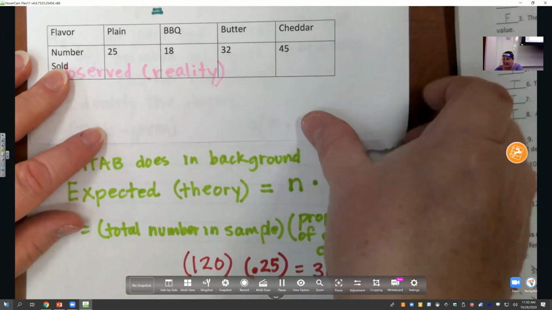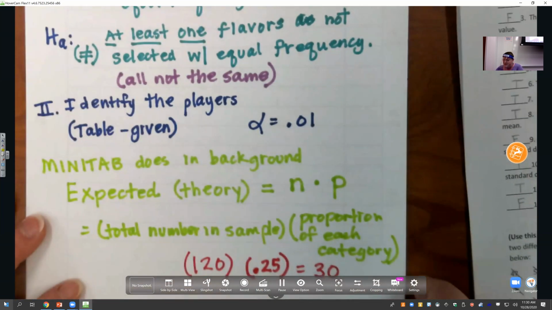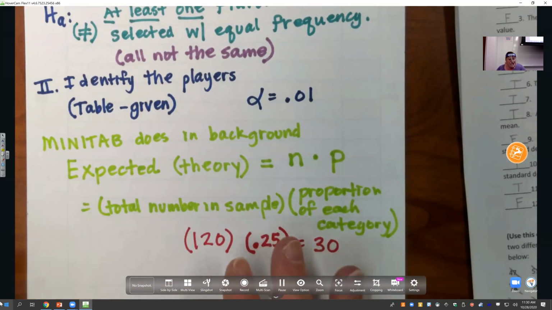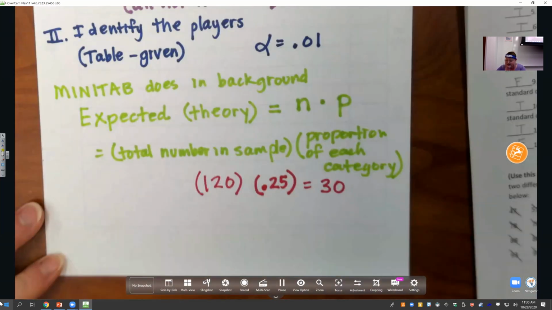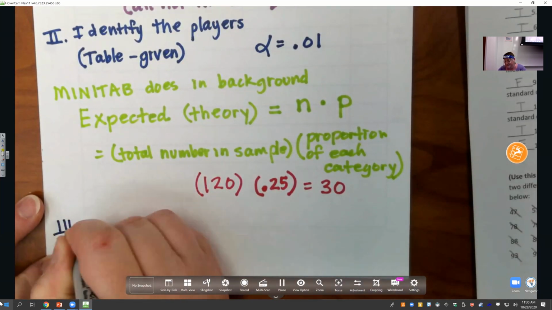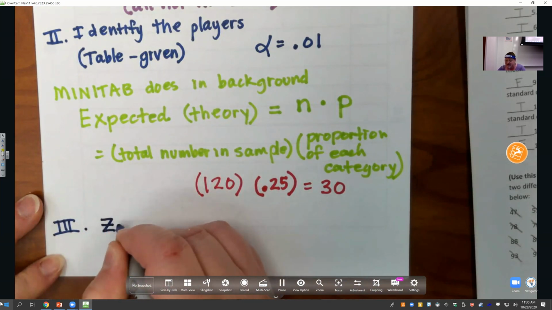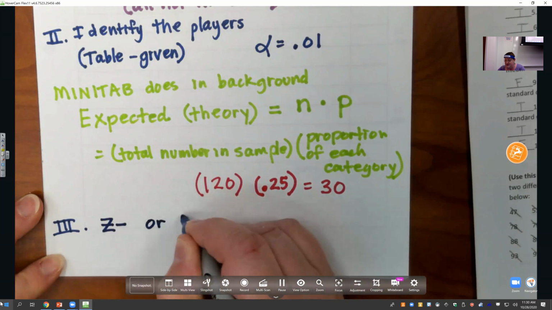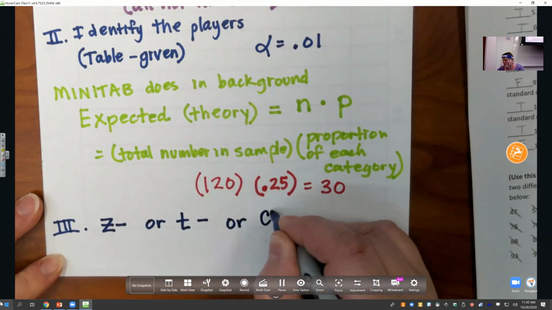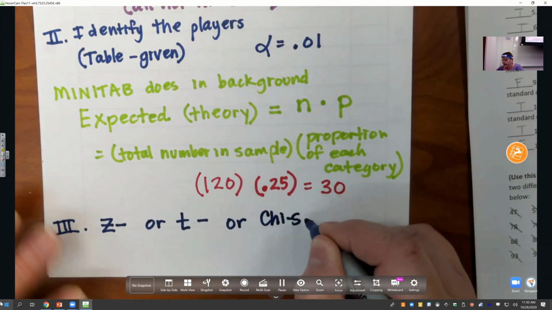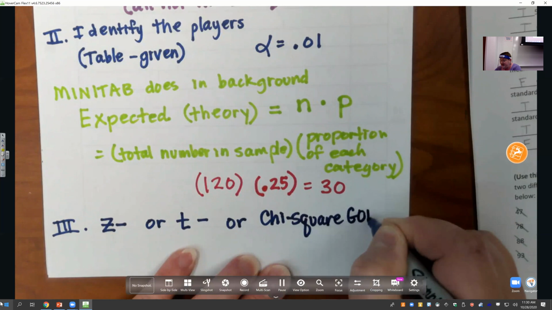Okay, so we've got our hypothesis. We've identified our players. The third step, remember, is to decide which distribution. You really have three choices now. You have Z or T or chi-square goodness of fit.